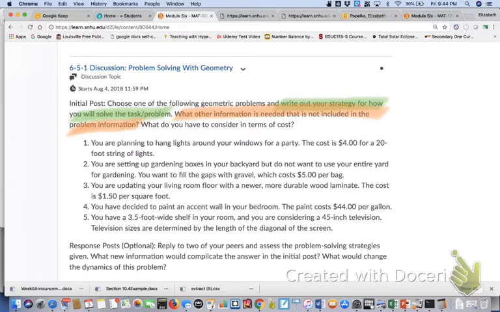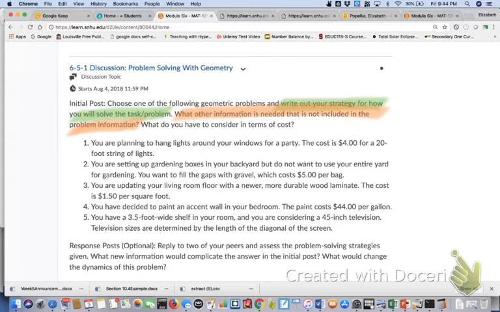I know sometimes people ask that because you did have to make up some debt. If you didn't have your own debt in milestone 2, you did have to make some things up. Here, it's not asking you to make up the missing information. You just need to tell me what are the things you would need to figure out that aren't given to you. But you don't have to actually make up the stuff.